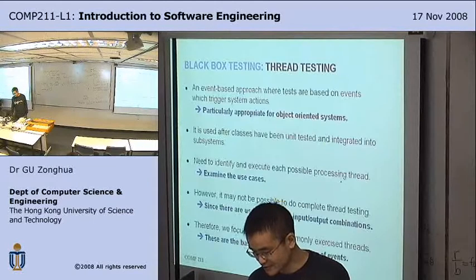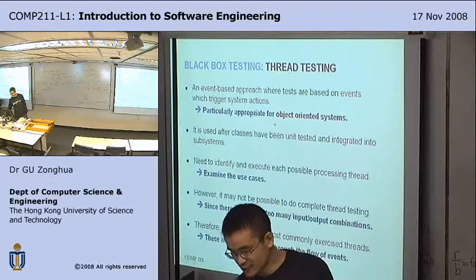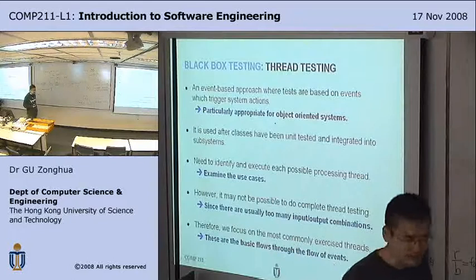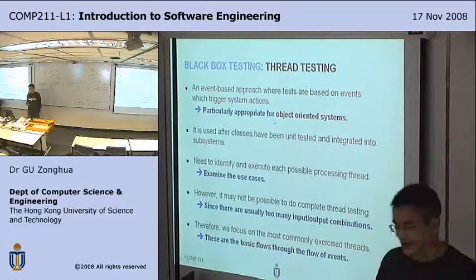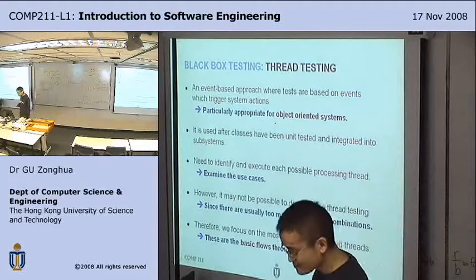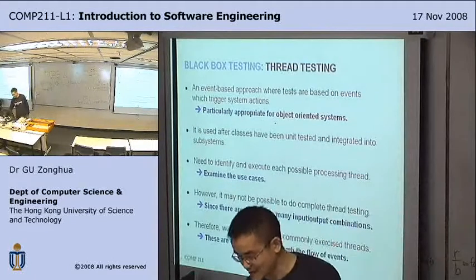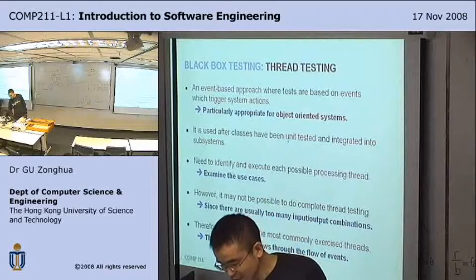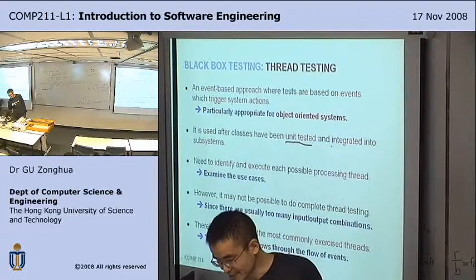So let's go back to the first slide. So it's particularly appropriate for object-oriented systems because the objects pass messages around. It's a very natural paradigm. And it's after classes have been unit tested and integrated into subsystems.